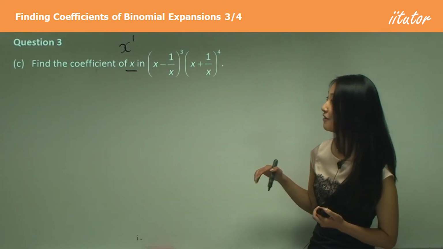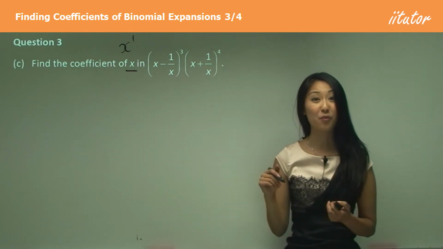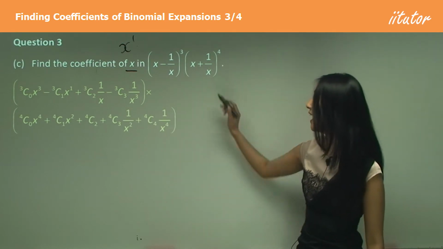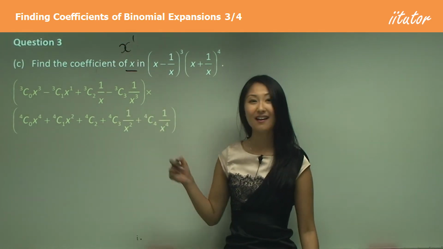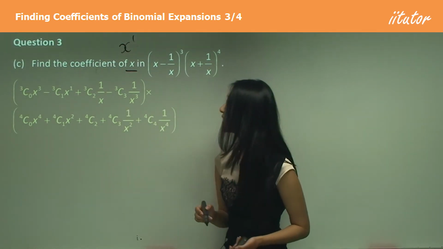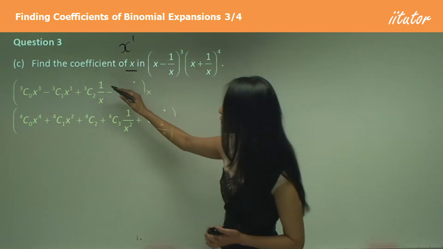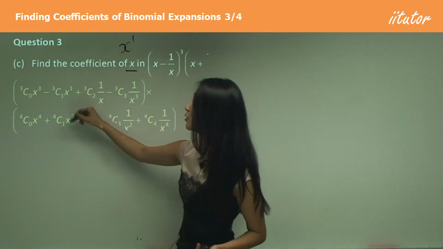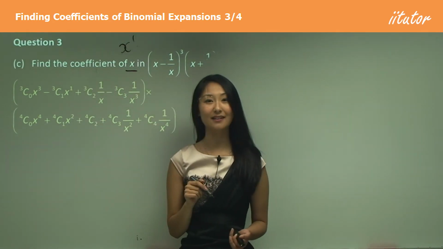So remember how we found the coefficient is that we needed to write this expanded out, and then we wrote that expanded out, and now what do we do? Yep, that's good. So we want to look through here and find the two terms, yeah, that multiply together to give us just x, all right?